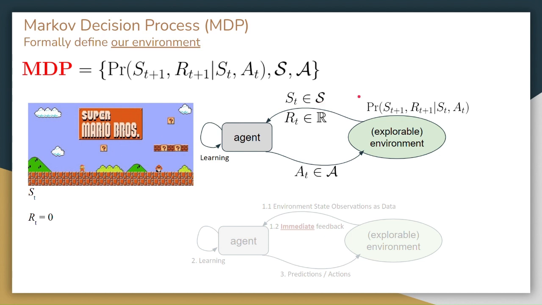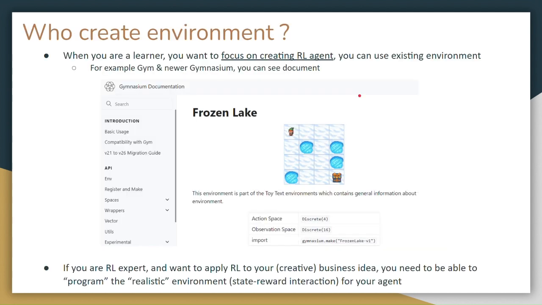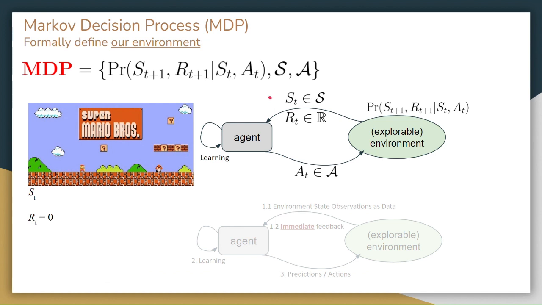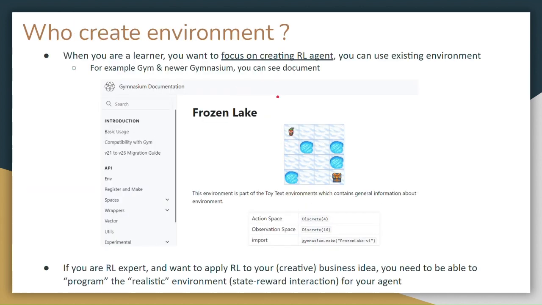But for now, let's just talk a little bit more about the environment, right? So here I said that the environment is defined properly as a set of possible states, calligraphy S and A, and also the conditional probability. And if you go to use an existing environment, I mentioned that in our course we use existing environments, right?